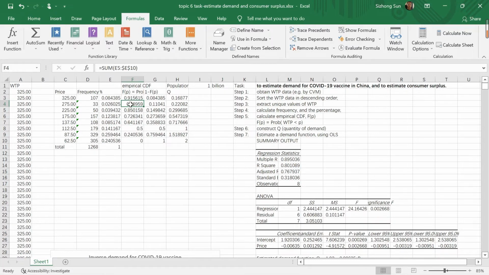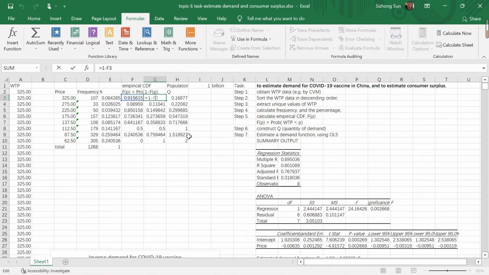Okay, so sum all these shares up, we get 0.9156. Similarly, the share of willingness to pay less than 275 is the sum of these, and so on and so forth. Okay, then calculate 1 minus the CDF.